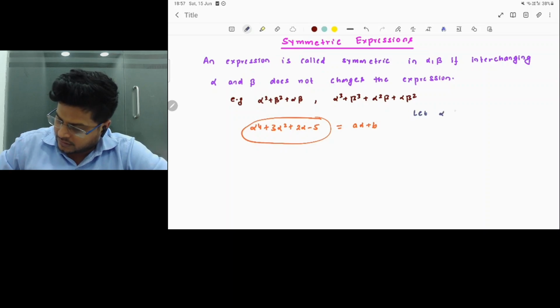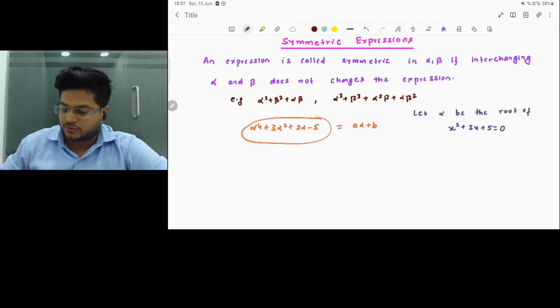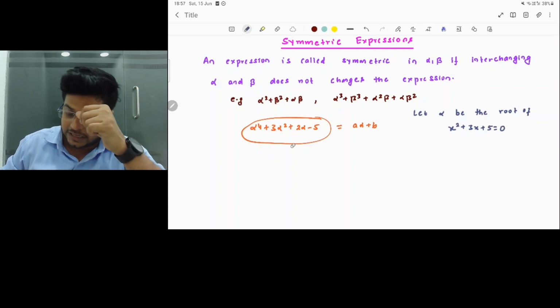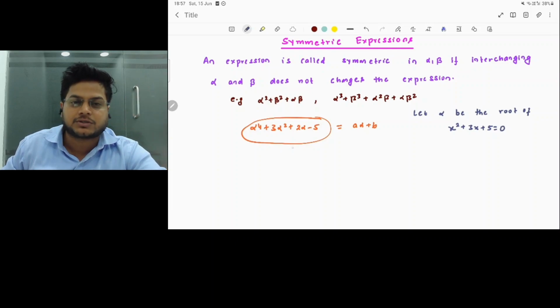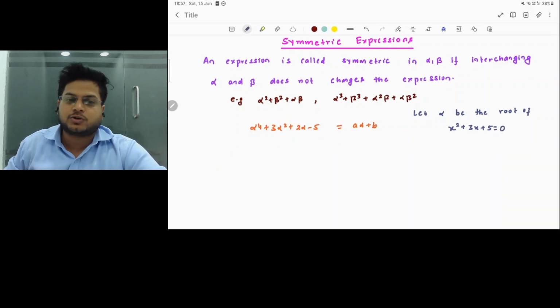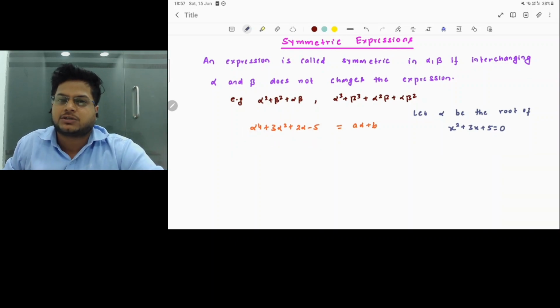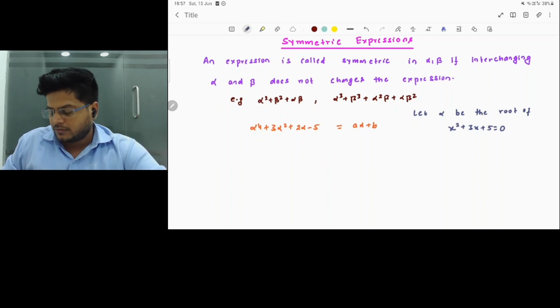Let alpha be the root of x square plus 3x plus 5 equals 0, and we are saying that alpha to the power 4 plus 3 alpha square plus 2 alpha minus 5 is going to be equal to a alpha plus b. So our target is to find the value of a and b.